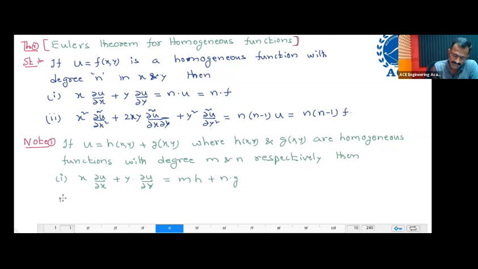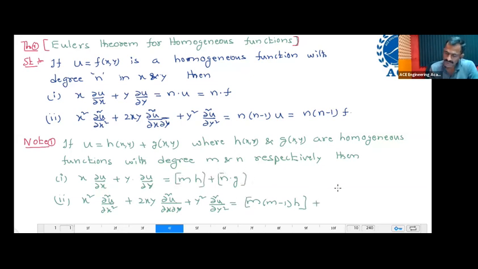The second result, x square into dou square u by dou x square plus 2xy into dou square u by dou x dou y plus y square into dou square u by dou y square equal to, like the above result, for a sum of two functions: corresponding to h function, m into m minus 1 into h, plus corresponding to g, n into n minus 1 into g.